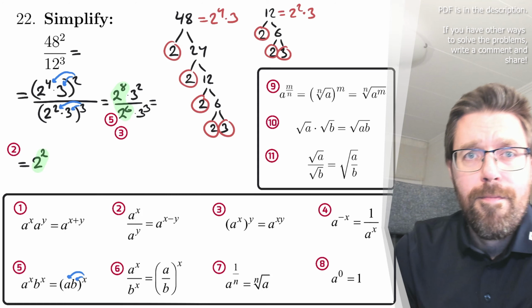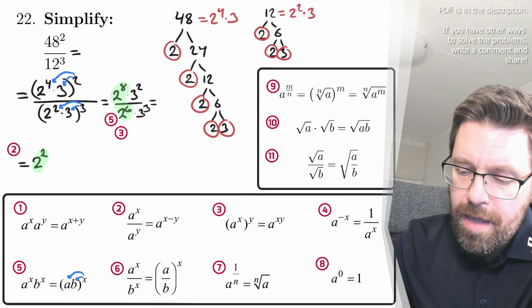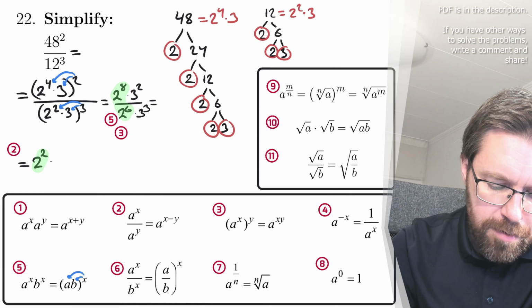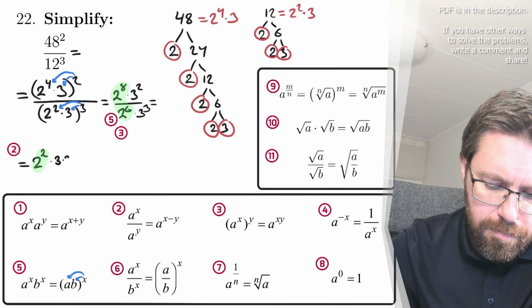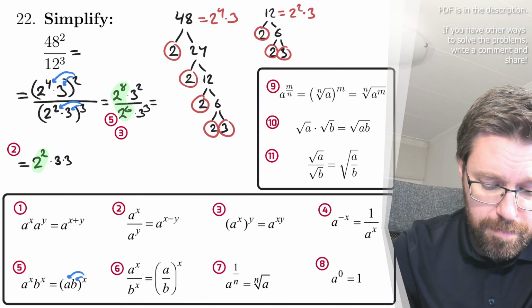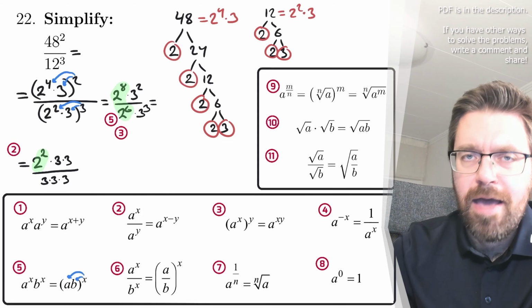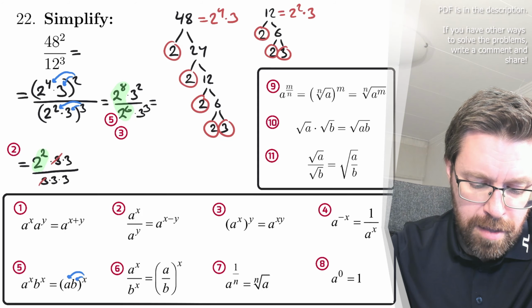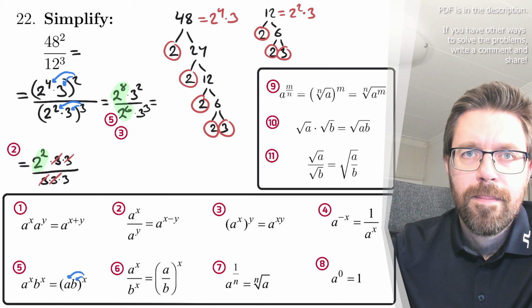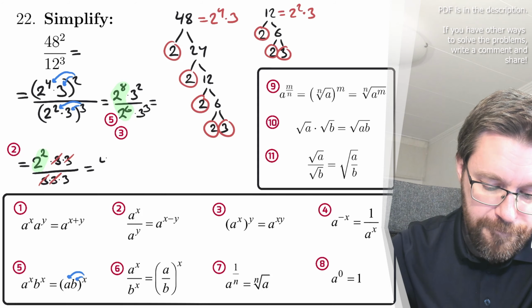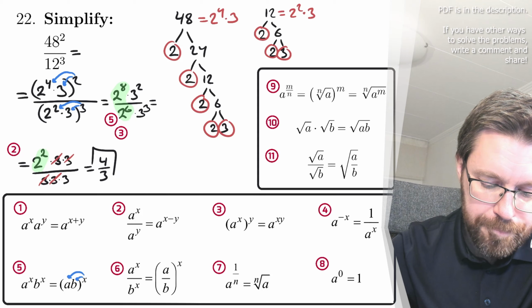But for the base 3, I will write it like this. I will write 3 times 3. You can think of it like this. And then at the denominator, you have 3 times 3 times 3. So I can cancel this and this and this and this at once. And then, of course, it will be 4 divided by 3.